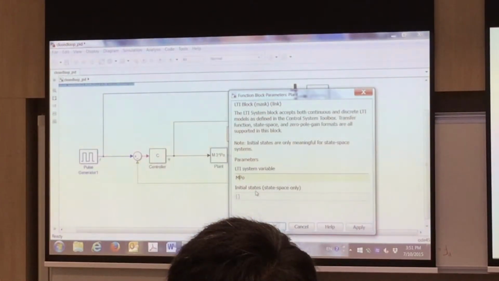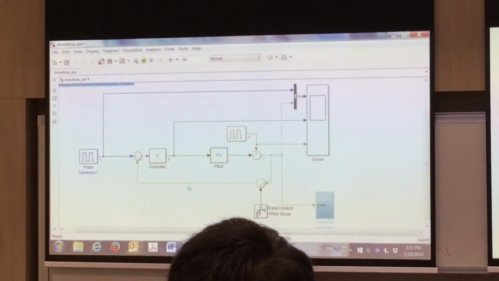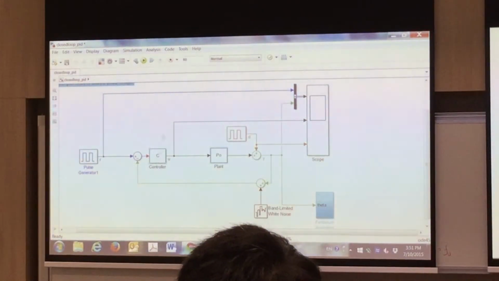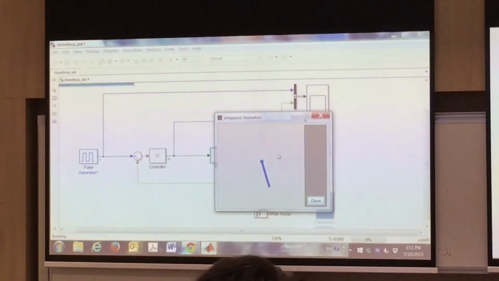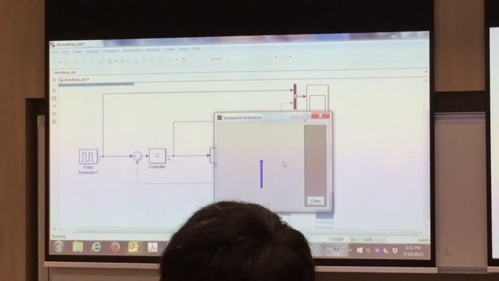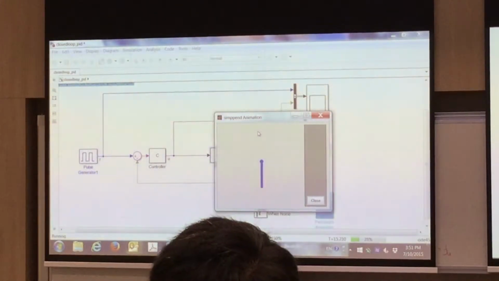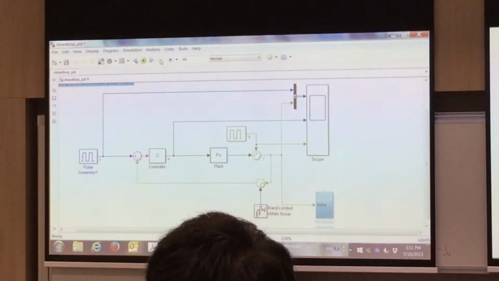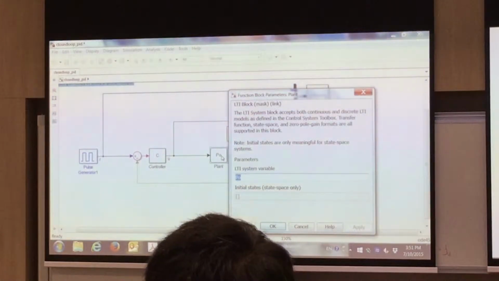So if it was my original plant, okay, we've got controller C that I already designed for this plant. Okay, this is what the pendulum will do. Very nice. Well controlled. Okay, but let's say our pendulum has changed.